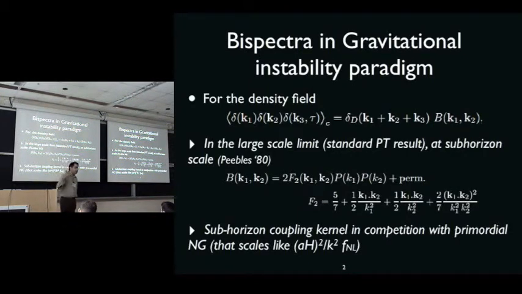Now people are exploring models of inflation, multiple-field inflation, for instance, or inflation with non-standard kinetic terms, where you would have initial non-Gaussianities in the metric field. And probably the new thing for us doing large-scale structure observation is that the primordial non-Gaussianities are encoded not for delta initially, but for the potential.